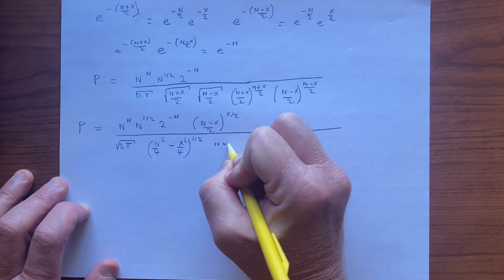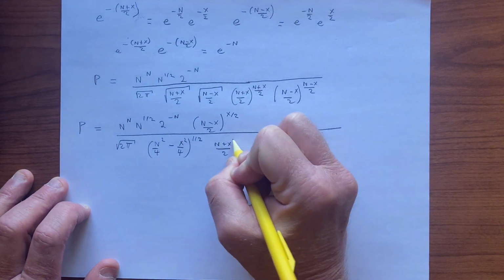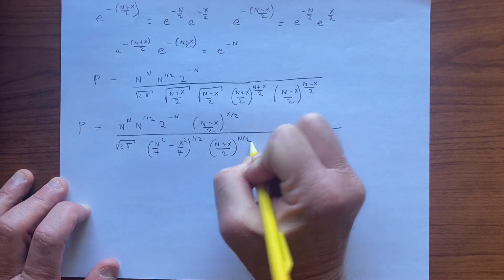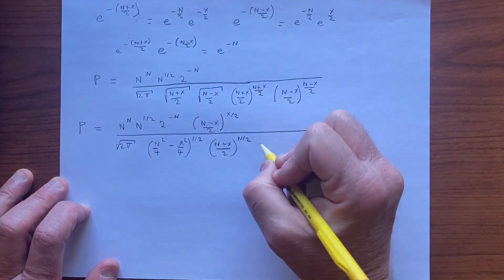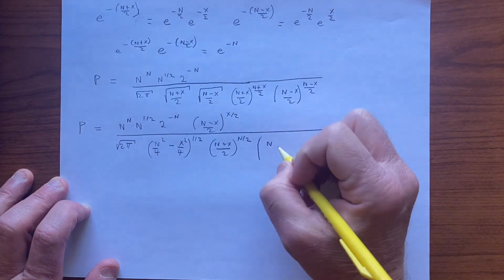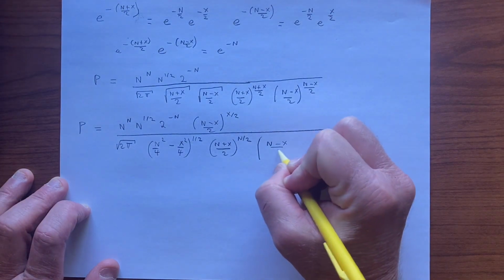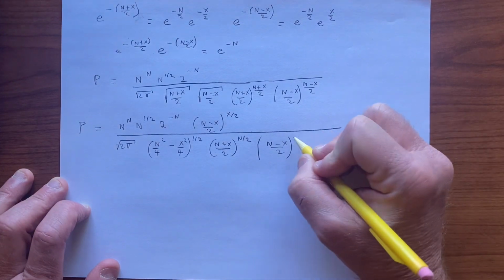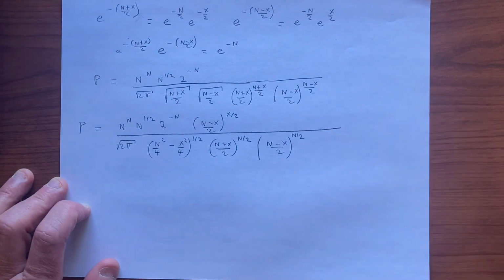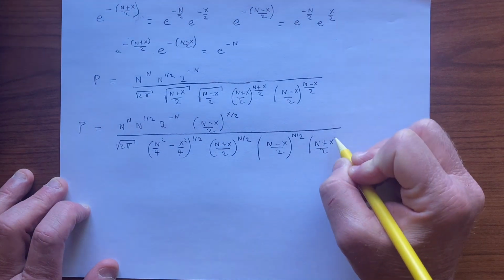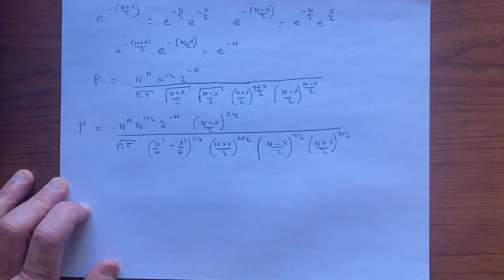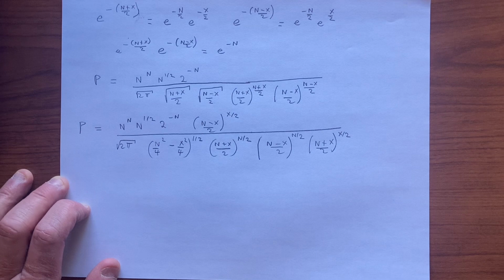We have an (n plus x)/2 to the n/2, an (n minus x)/2 to the n/2, and an (n plus x)/2 to the x/2.